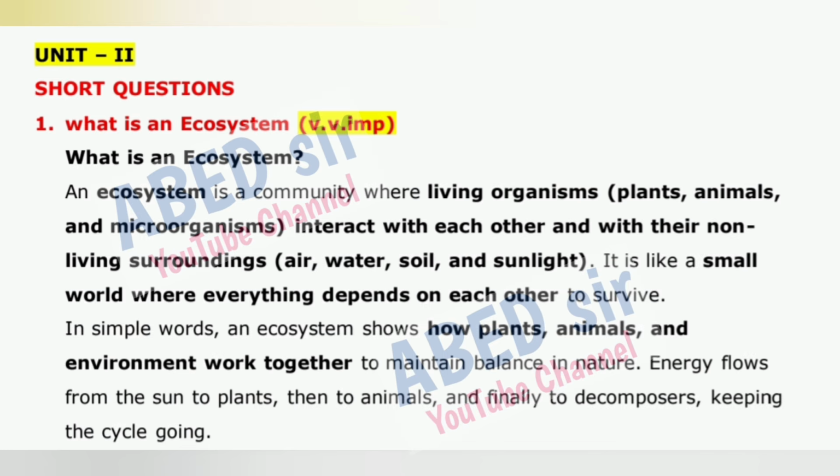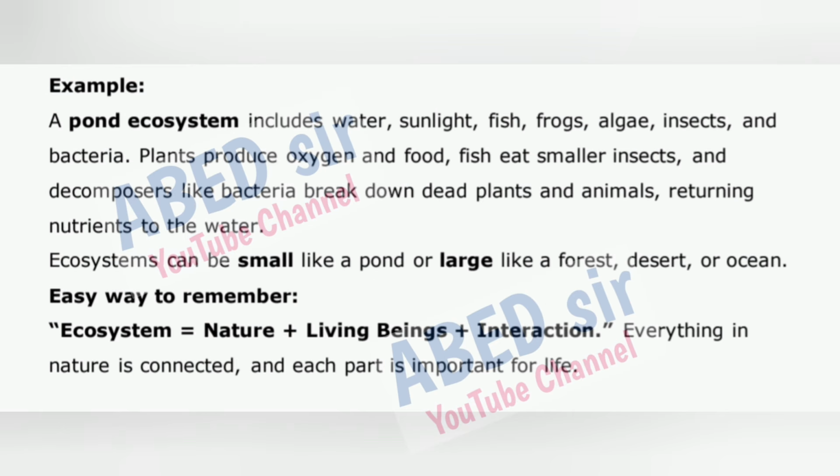Energy flows from the sun to plants, then to animals, and finally to decomposers, keeping the cycle going. Example: a pond ecosystem includes water, sunlight, fish, frogs, algae, insects, and bacteria. Plants produce oxygen and food, fish eat smaller insects, and decomposers like bacteria break down dead plants and animals, returning nutrients to the water.